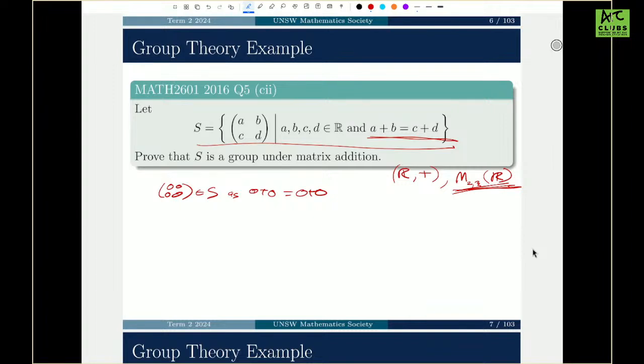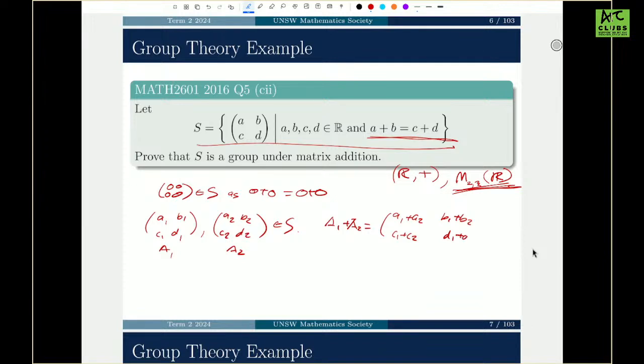Suppose A1, B1, C1, D1 and A2, B2, C2, D2 are both in S. We wish to show that their sum is also in S. The sum is going to be A1 plus A2, B1 plus B2, and we need to show that they satisfy this.